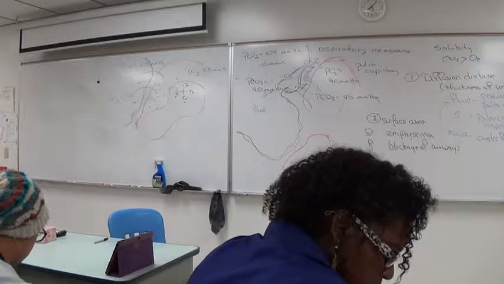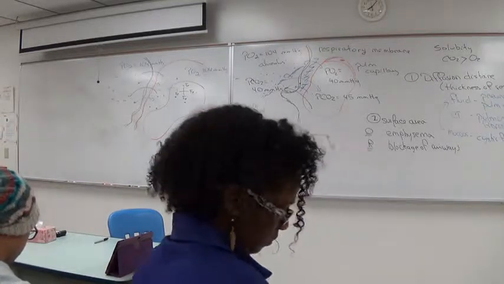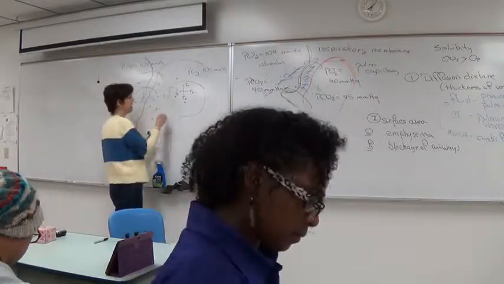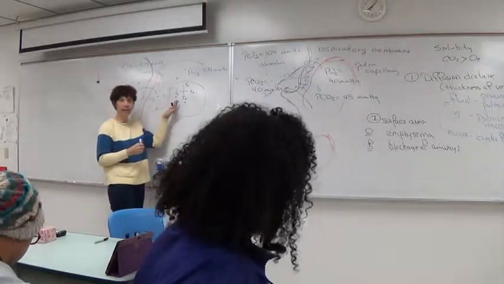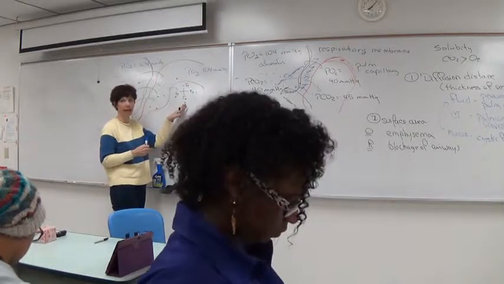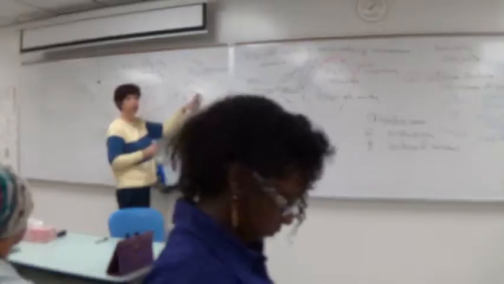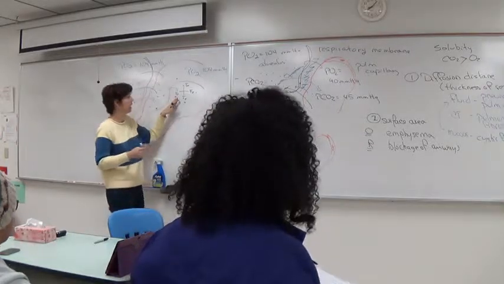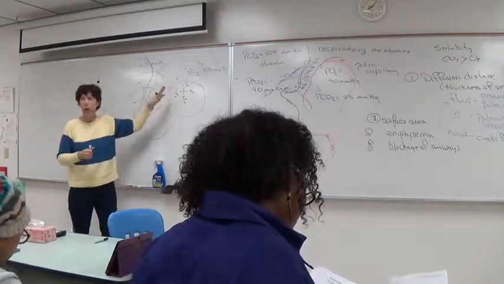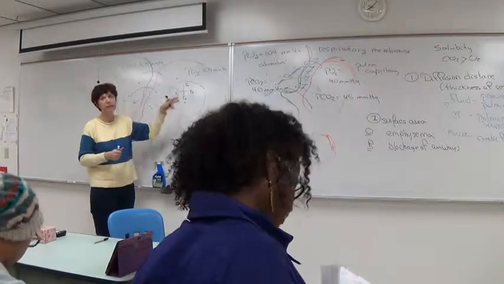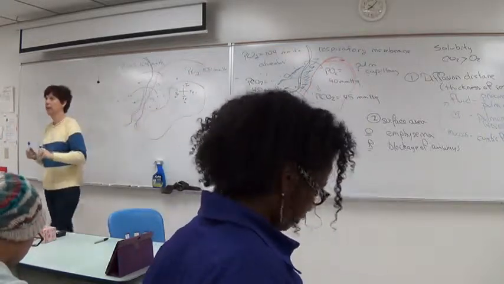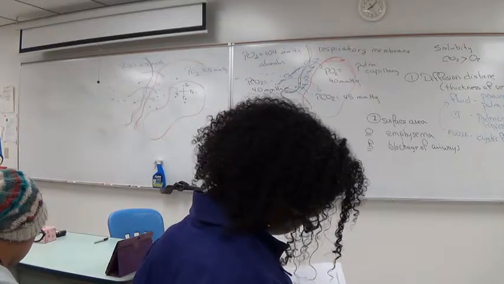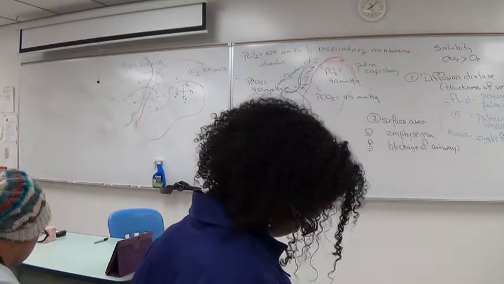So as you can see on the lecture notes, the molecules bind. The first one to bind has a lower affinity. Once that binds, the second one has a higher affinity, and the third one, the other way around. This fourth one binds more easily, so it has a lower affinity. In other words, this fourth oxygen is going to have an easier time coming off as we drop the PO2.